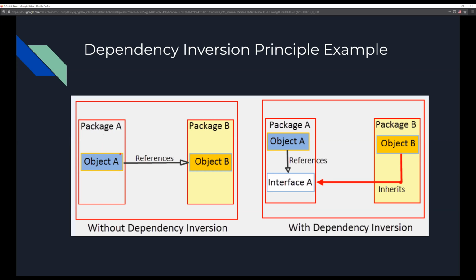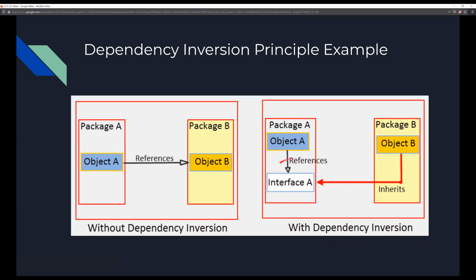Without dependency inversion, we're just going to directly reference some object B. So this is our HTTP service. We're just going to directly import it and use it, and we're all happy. But really we're not, because if we invert our dependency and instead point to an interface, and the HTTP service implements our interface, then that decouples our package from the HTTP service.